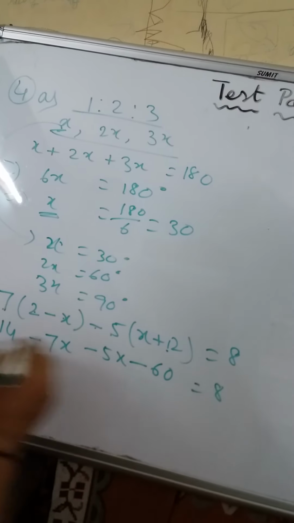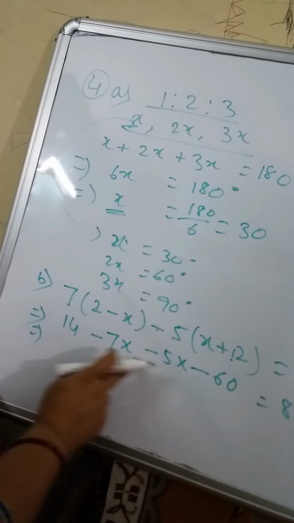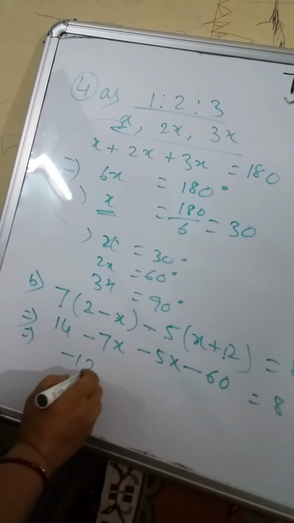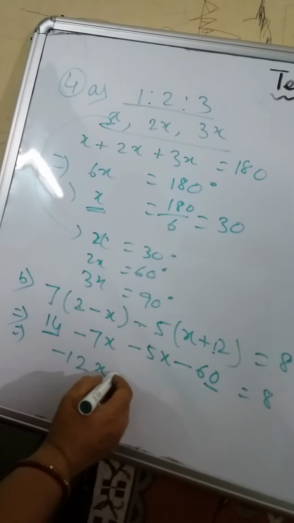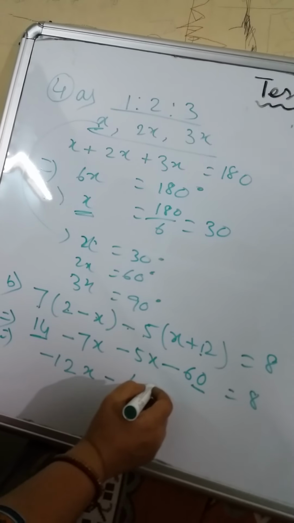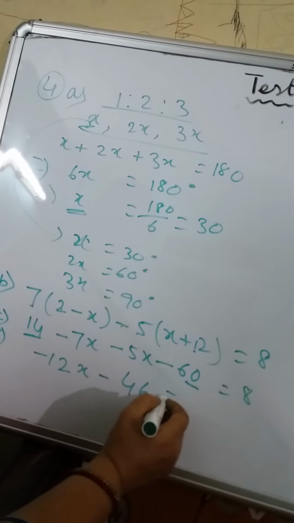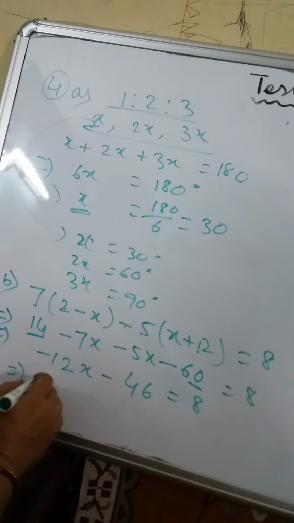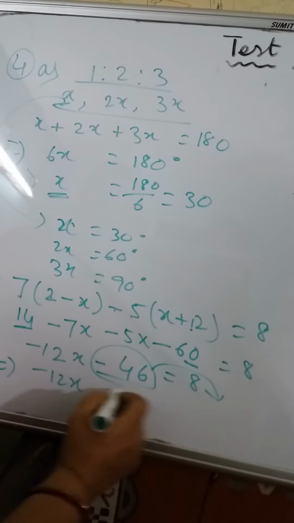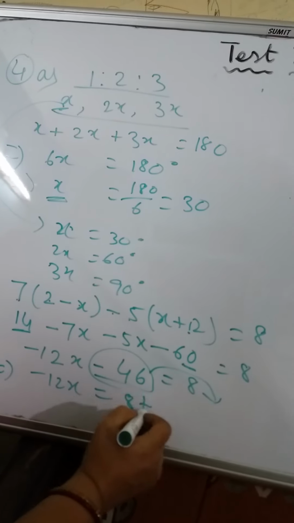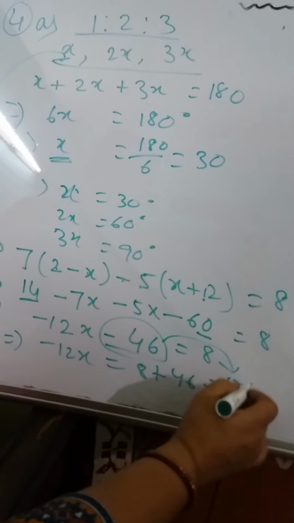It is equal to 8. So minus 7x minus 5x is minus 12x. And 14 minus 60 is minus 46, which equals 8. Now we will transpose this minus 46 to the right hand side, so it will be 54.